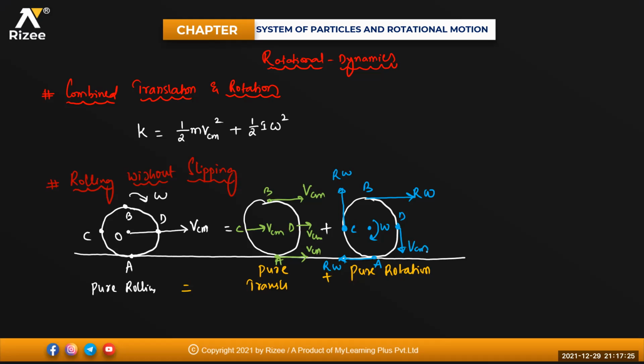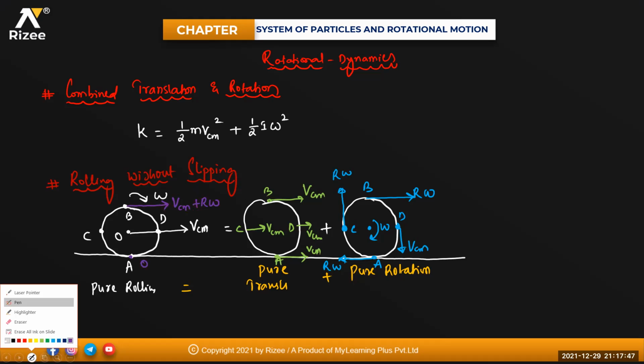Clear? If you add all this, we get the velocity of center of mass. So at the point of contact, it will be VCM plus R omega, and now at the point of contact, it will be equal to 0.